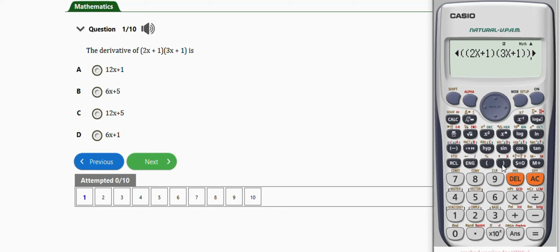You have to ensure that the brackets are balanced. The ones at the right are balanced with the ones at the left. If they're not balanced, you end up having syntax error. By the time you have done inputting your values, as you can see, we have 2 brackets at the right. We also have 2 brackets at the left.